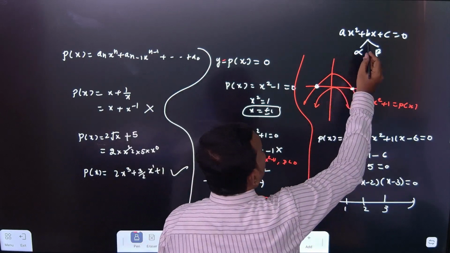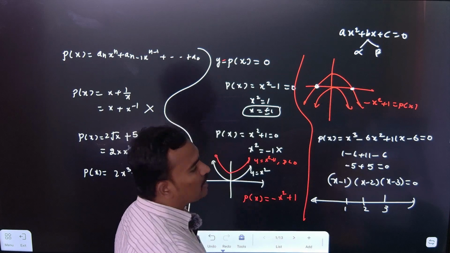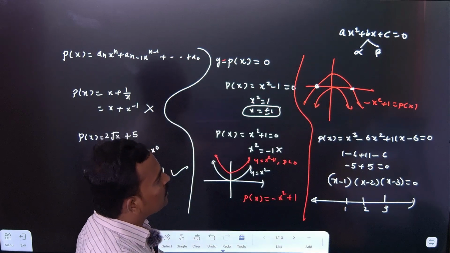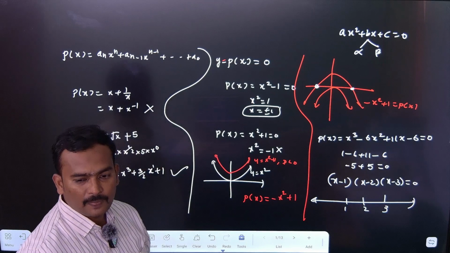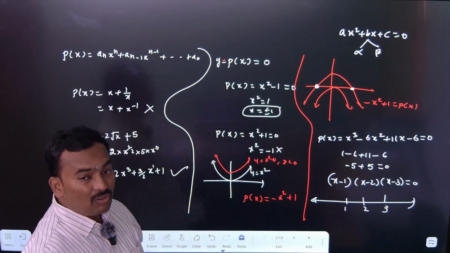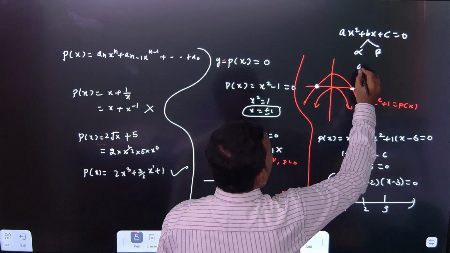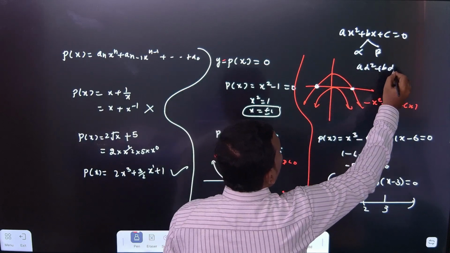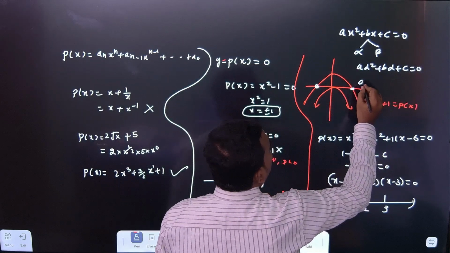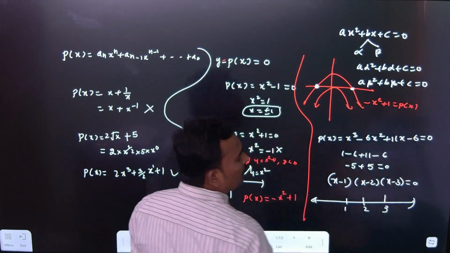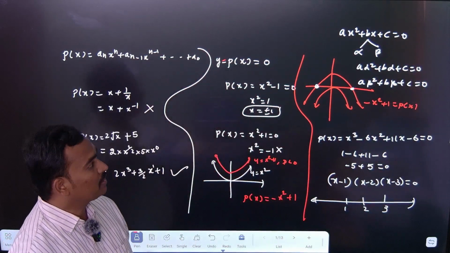That means a alpha square plus b alpha plus c equal to 0. And second one, a beta square plus b beta plus c equal to 0, right? This is the first observation.